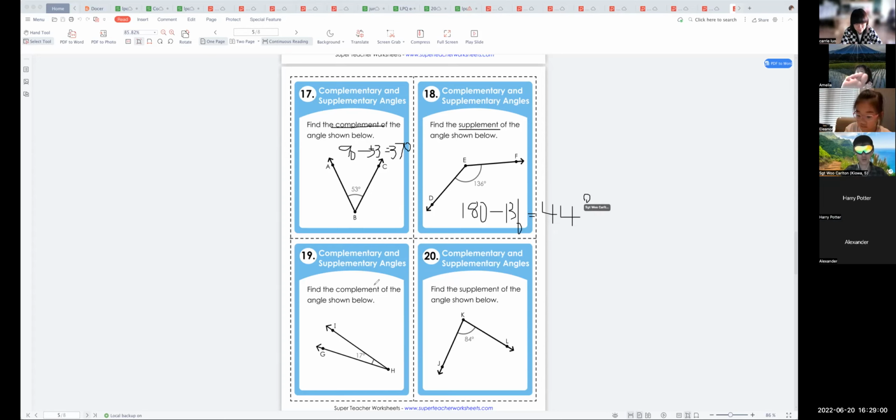And the complement of 19: 90 minus 17 equals 73 degrees. And 20 is supplement, so 180 minus 84 equals 96 degrees.